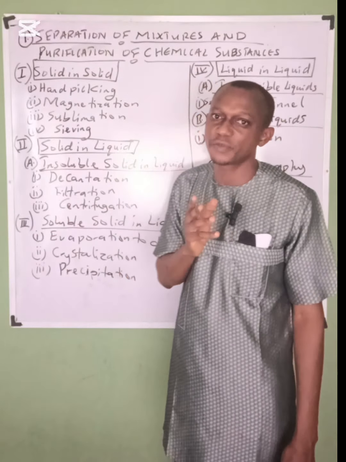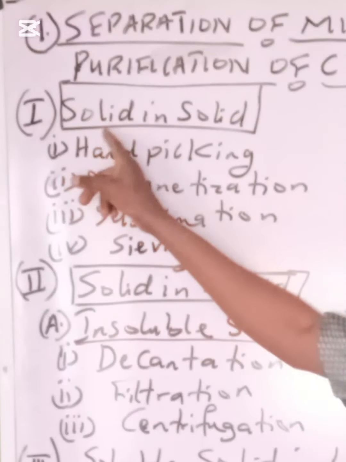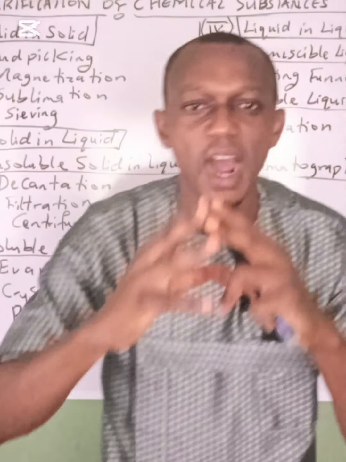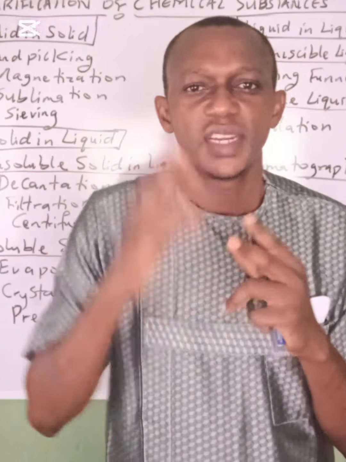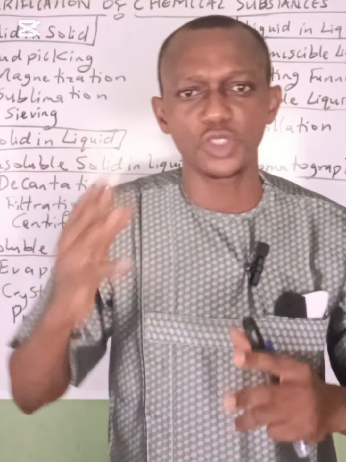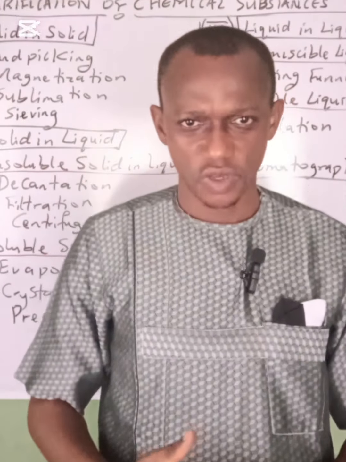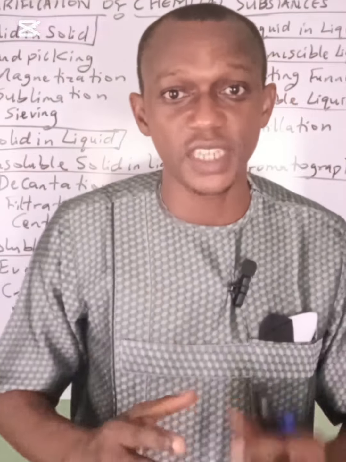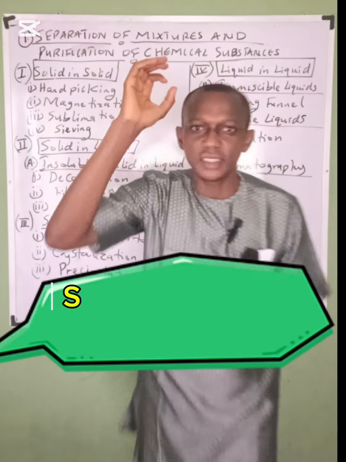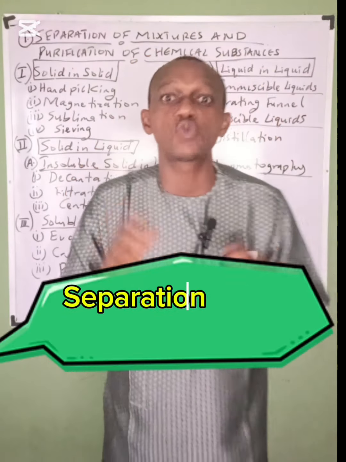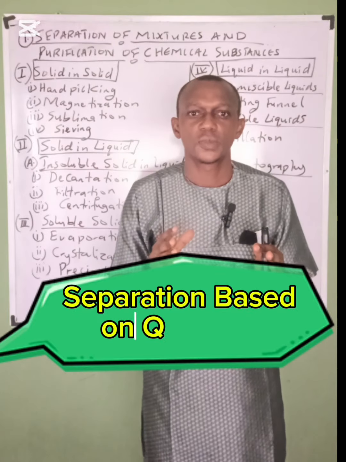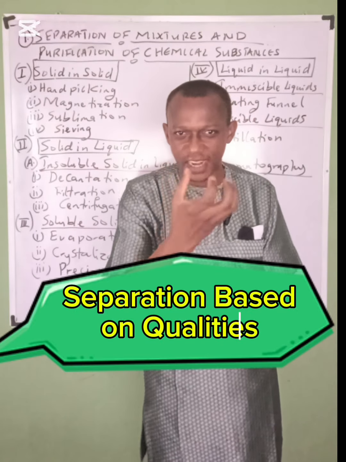Now, the first thing I will have to say is this: we can have solid in solid. That is the mixture of solid and solid together. How can you separate them? There are properties of those solids that will guide you for you to be able to separate them correctly. You might try to separate based on different qualities. There are two solids on the ground, you can identify them.